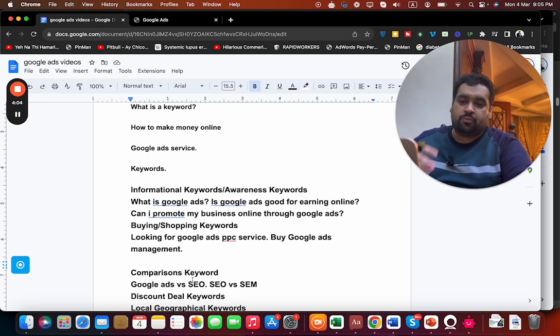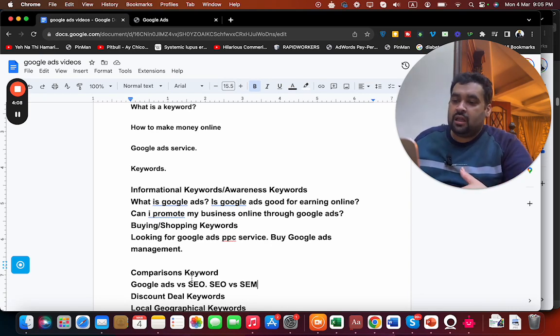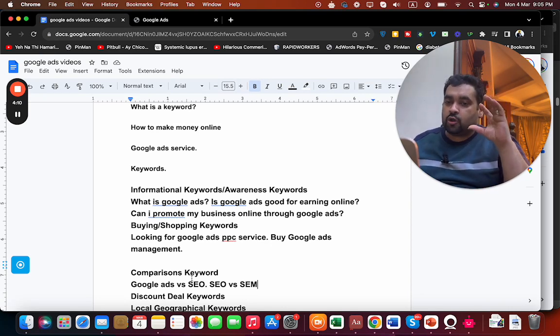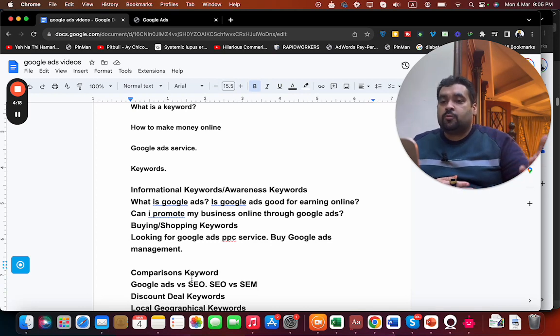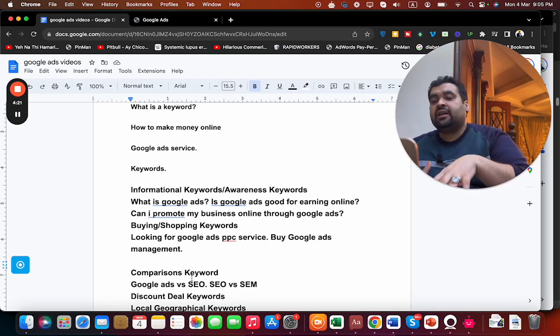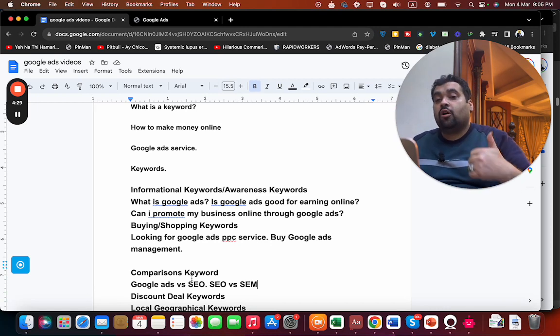This keyword can bring good traffic, but here the customer does not want to buy a Google Ads service. He just wants the comparison. If you want to promote your blog, or promote yourself in the longer term, you might target it and gain a customer in the longer run, but in a shorter span this keyword may not generate a sale at the moment. So I need to understand that.